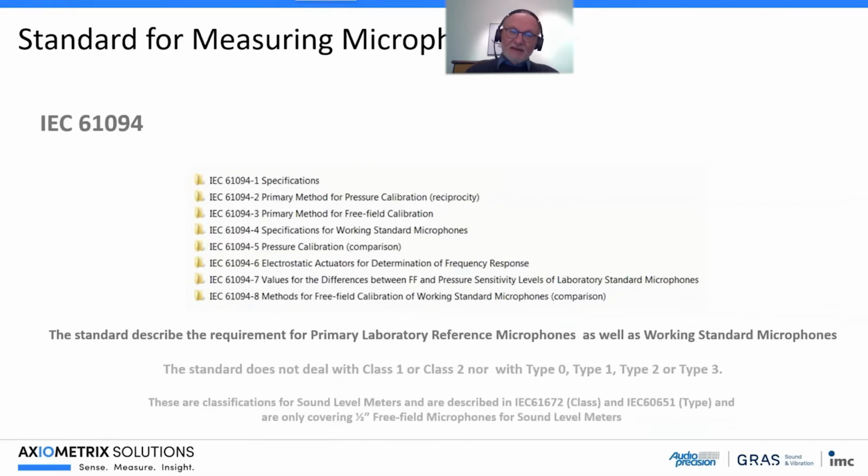So it has nothing to do with measurement microphones. But again, most important are the specifications in part 1, the primary laboratory reference microphone, and part 4, the working standard microphone.